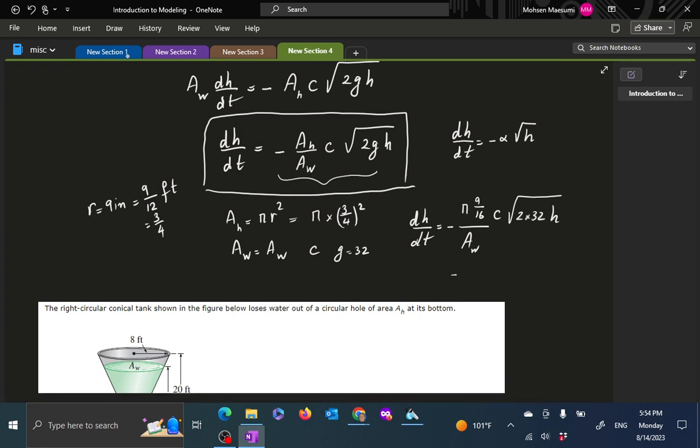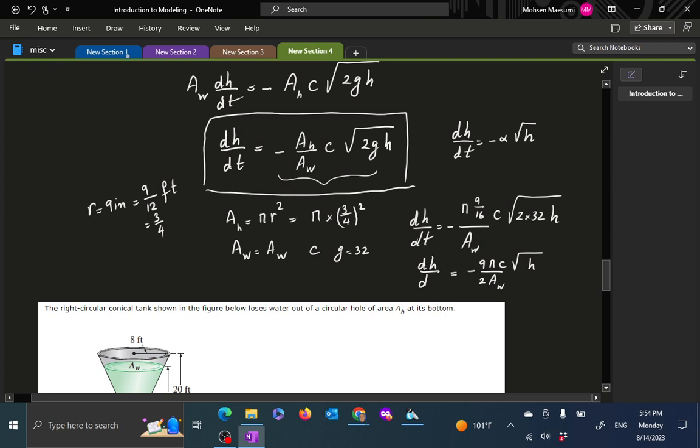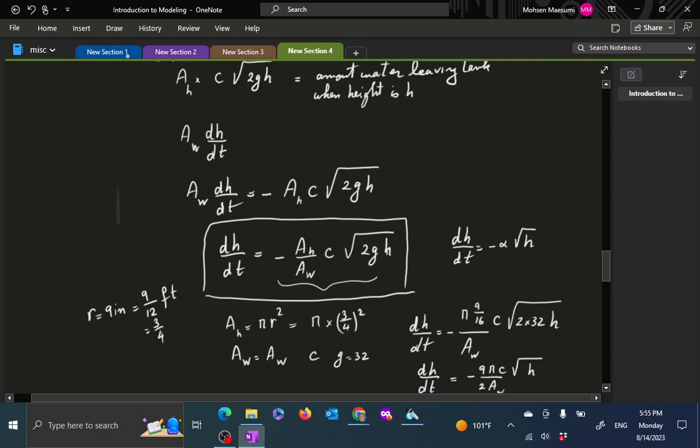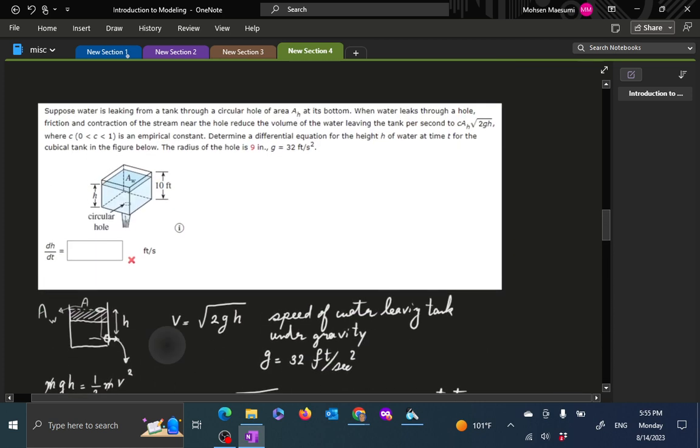This becomes minus 9 pi, 8 on 16 gives me 2 AW C radical H. Of course, H at time 0 in the picture is 10, but we are not asked for that.